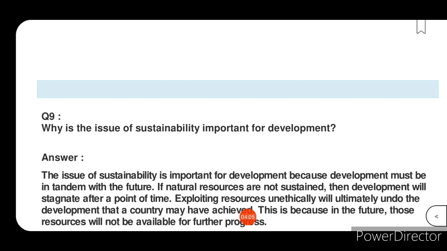If natural resources are not sustained, then development will stagnate after a point of time. Exploiting resources unethically will ultimately undo the development that a country may have achieved. This is because in the future those resources will not be available for future progress.